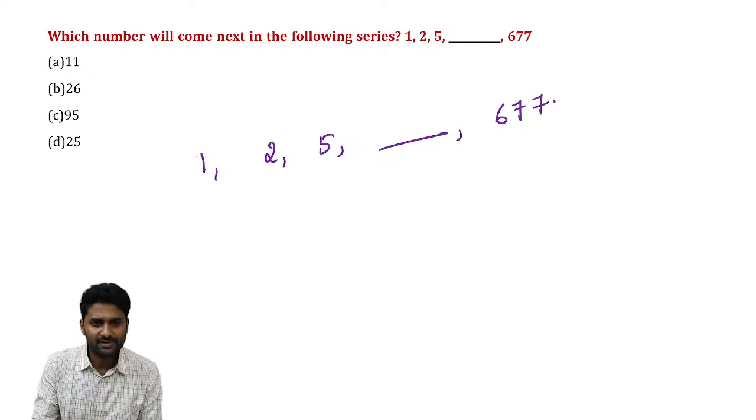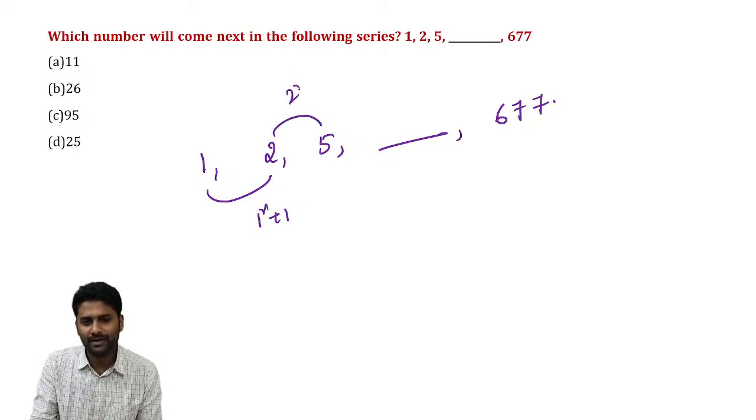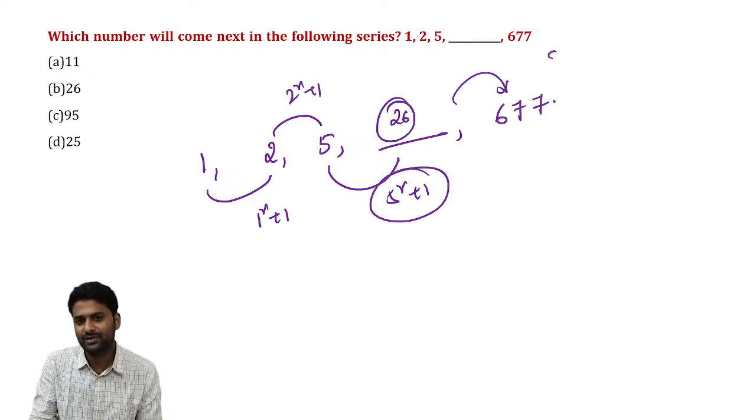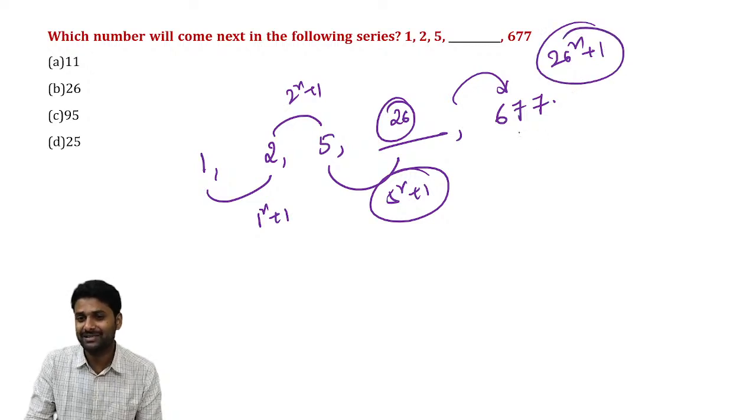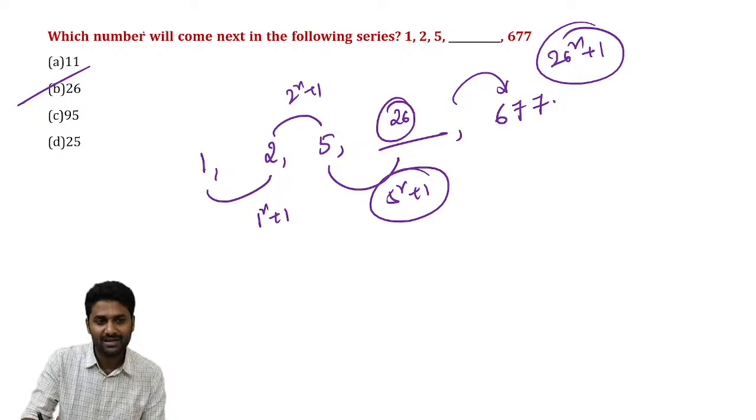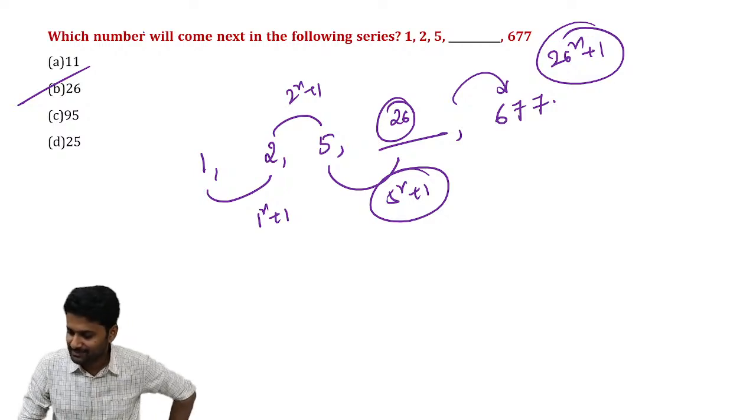If you observe the sequence here, from 1 to 2, it's 1 square plus 1. 2 to 5 is 2 square plus 1. So the next number should be 5 square plus 1, which is equal to 26. As you're aware, 26 square plus 1: 26 square is 676, plus 1 is 677. That's why the missing number here is 26.